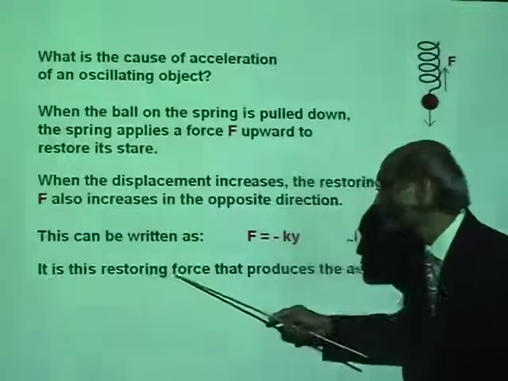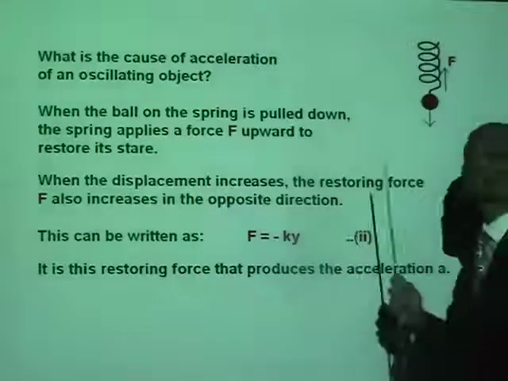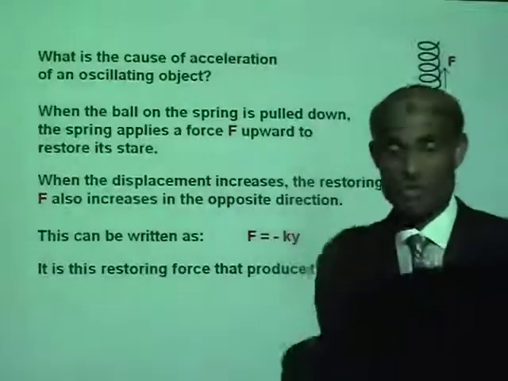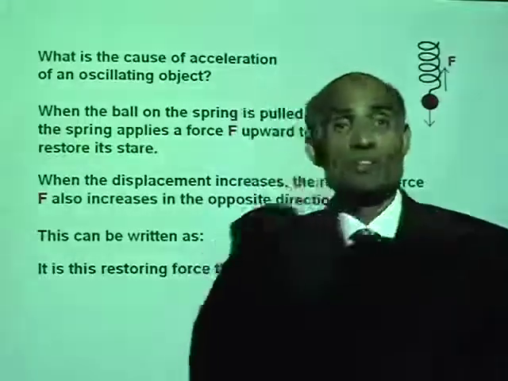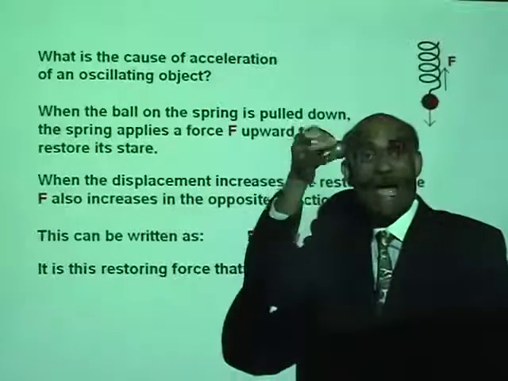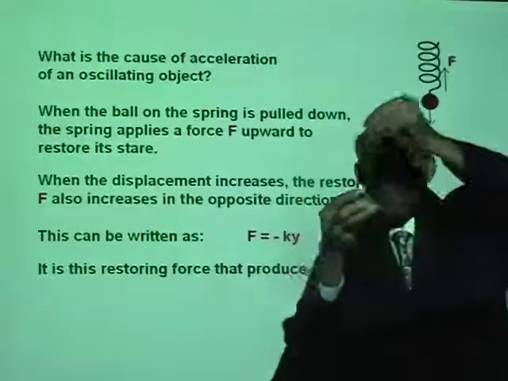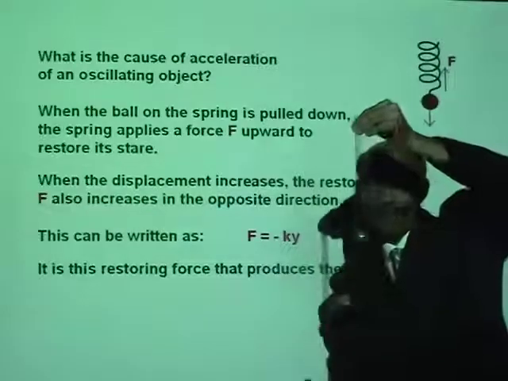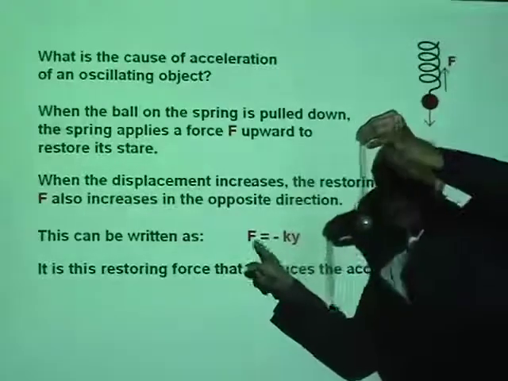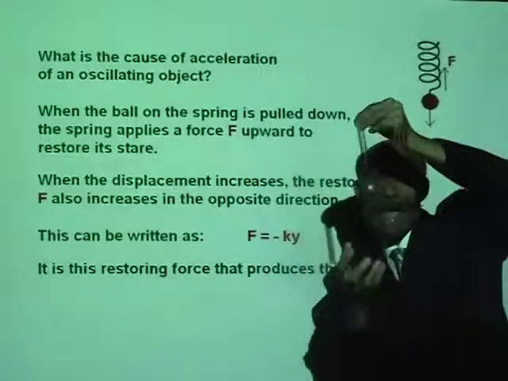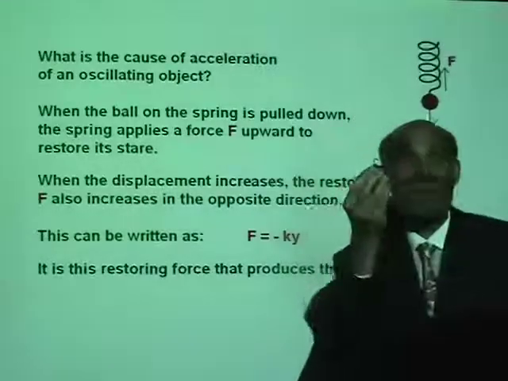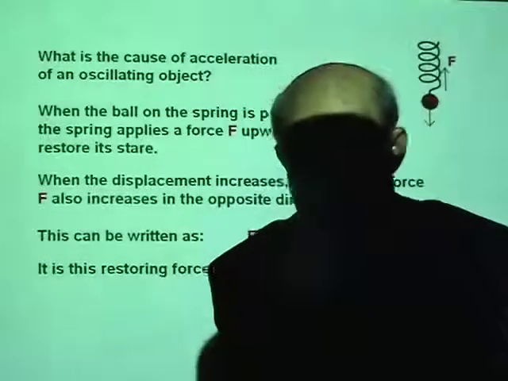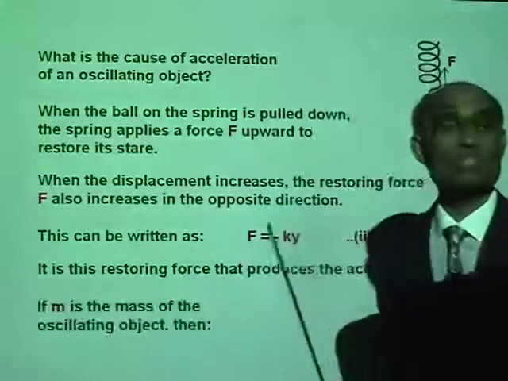Now, it is this restoring force that produces the acceleration. So, if this object has a mass m and the restoring force F is pulling it upward, well, that F will be equal to ma, is that right? Where m is the mass of this object and a is the acceleration.